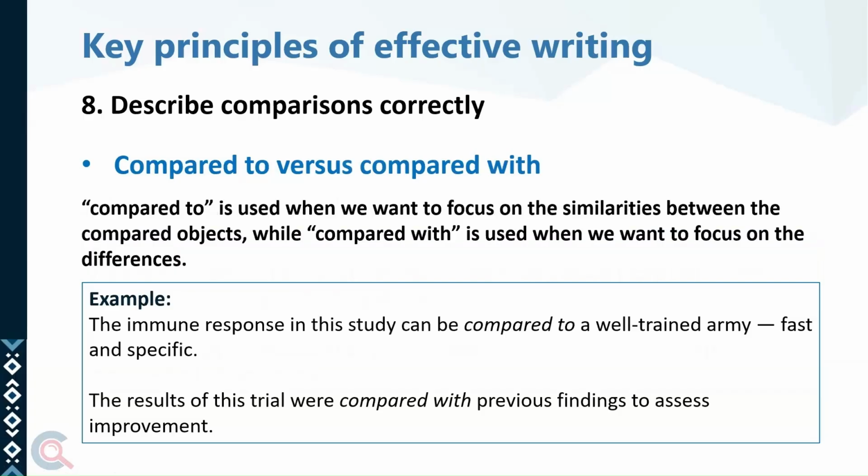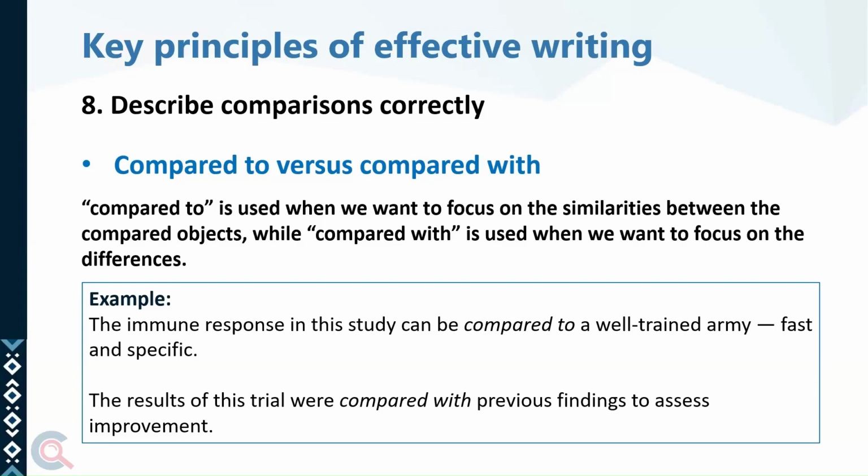The next is the comparison of "compared to" versus "compared with." "Compared to" is used when we want to focus on the similarities between two compared objects, while "compared with" is used when we want to focus on the differences. For example, "The immune response in this study can be compared to a well-trained army, fast and specific."